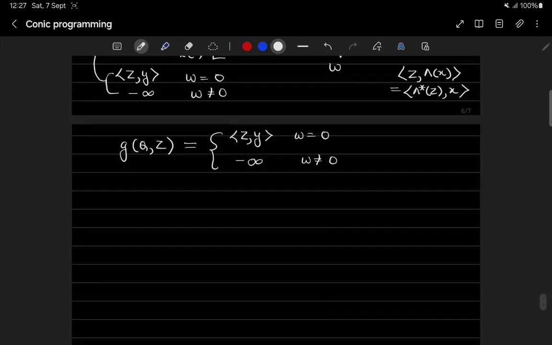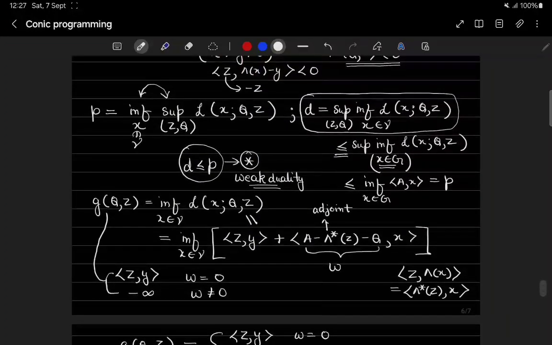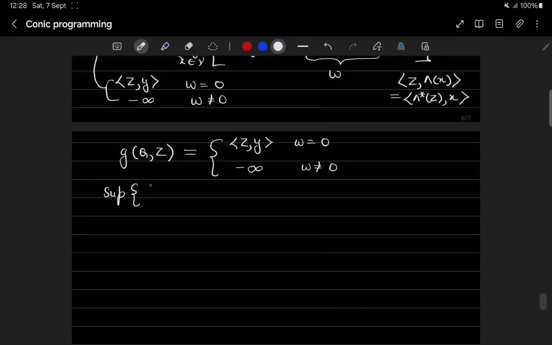And now what we need is the supremum value. If you remember, the dual problem had a supremum here, so it will be supremum of zy subjected to the constraint that omega is equal to 0, because otherwise it's minus infinity if it's not 0.